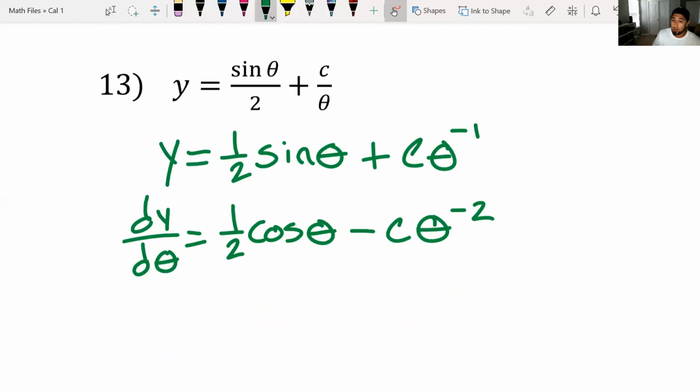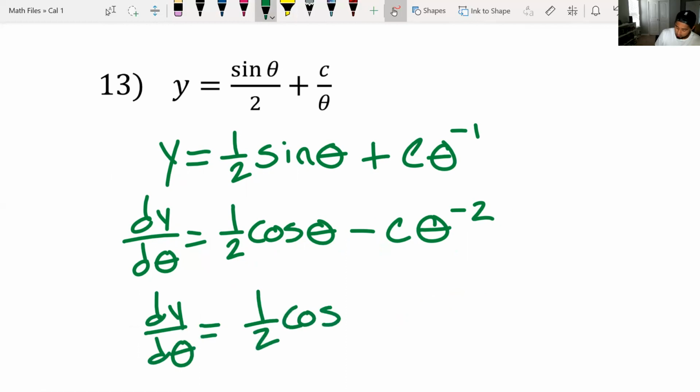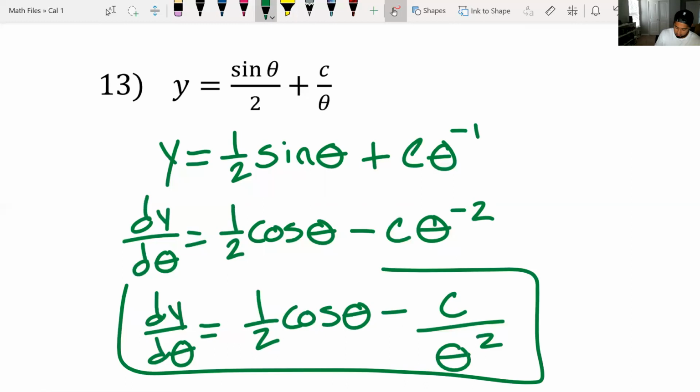One final rewrite, and you'll get dy over d theta is equal to 1/2 cosine theta minus c over theta squared.